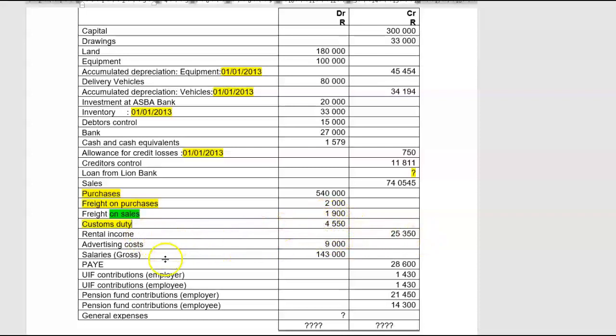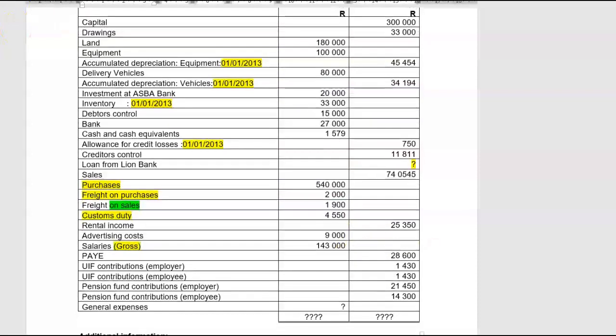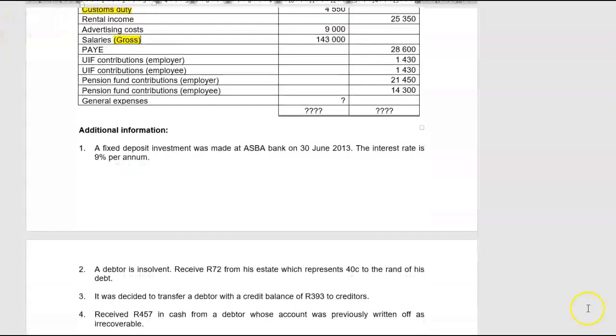Rental income, advertising costs, salaries, and here they were very kind. They've told us that these are gross salaries. They should not or could not have needed to tell you that it's gross. You should know that the salaries expense account always represents the gross salaries. And then we have a number of salary-type accounts, but they all have credit balances.